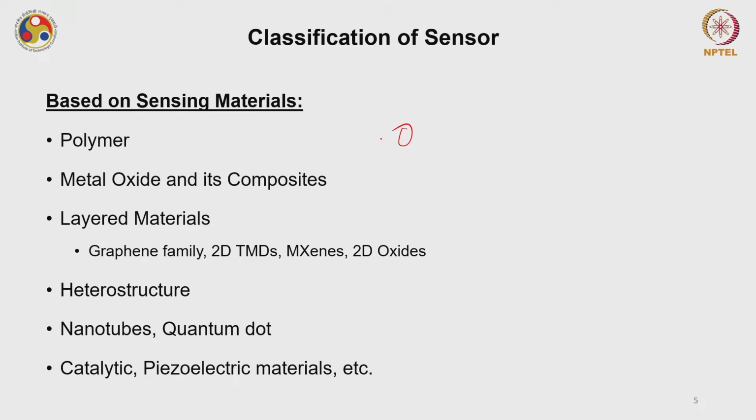So if I talk about nanomaterials, I can have 0D, I can have 1D, I can have 2D nanomaterials. When I say 0D nanomaterial, usually I am talking about, say, a quantum dot or a nanoparticle, anything less than 20 nanometer. Please note that these dimensions can change.